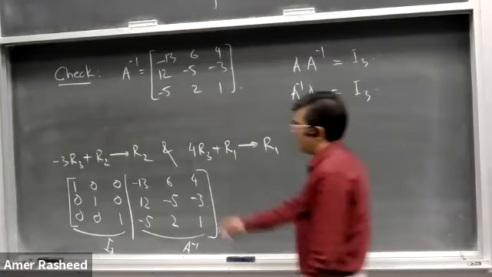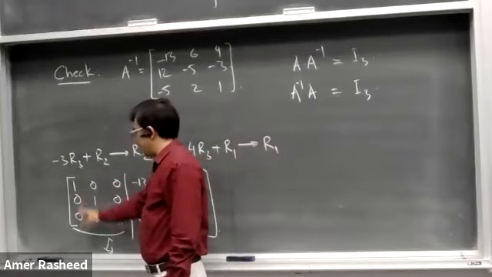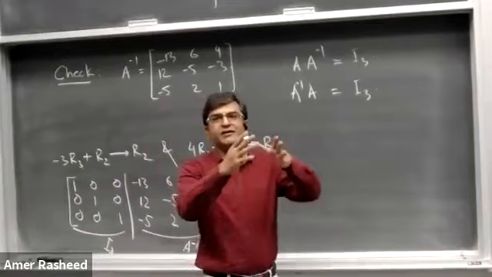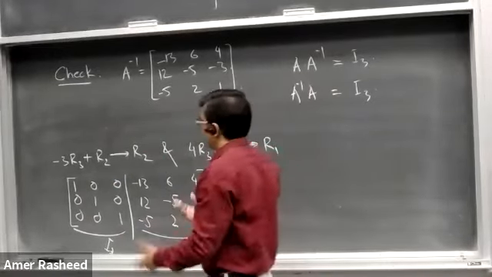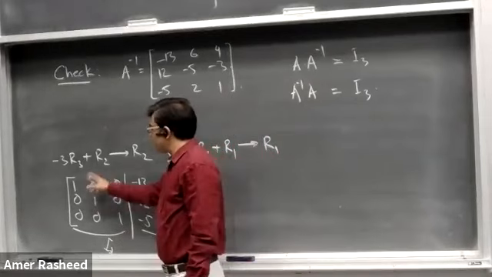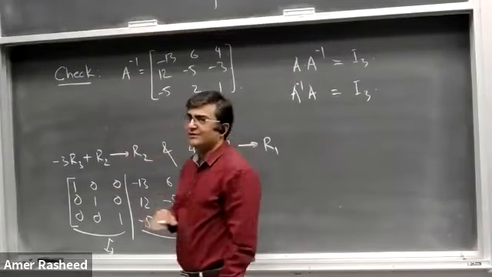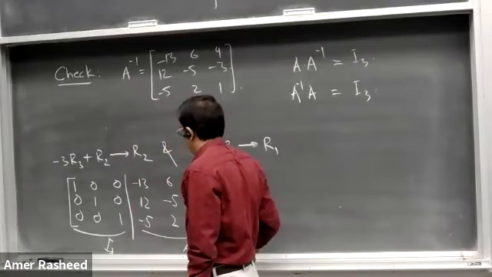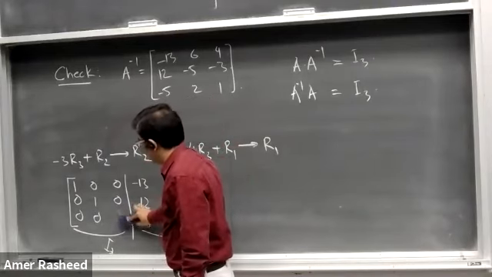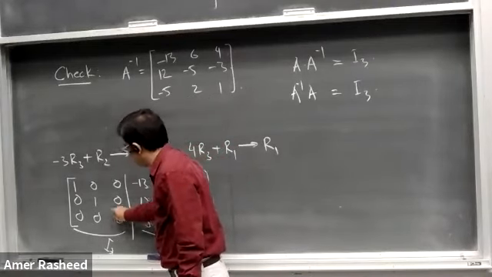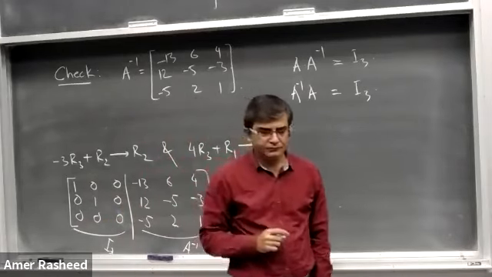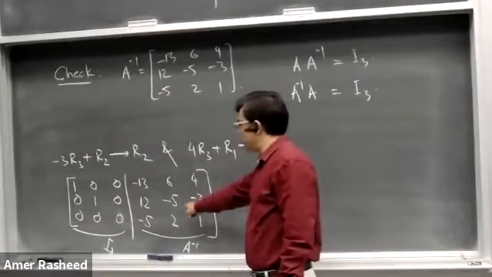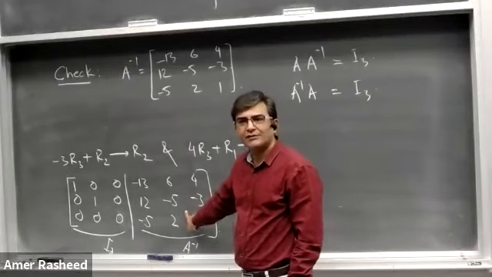If we do not obtain the identity matrix here on the left hand side, or you can say that if the given matrix cannot be converted into the identity matrix after applying a series of row operations, then the inverse of the given matrix does not exist. For example, if we obtain a row of zeros here, then this is not an identity matrix, and this will not be the inverse of the given matrix as well.